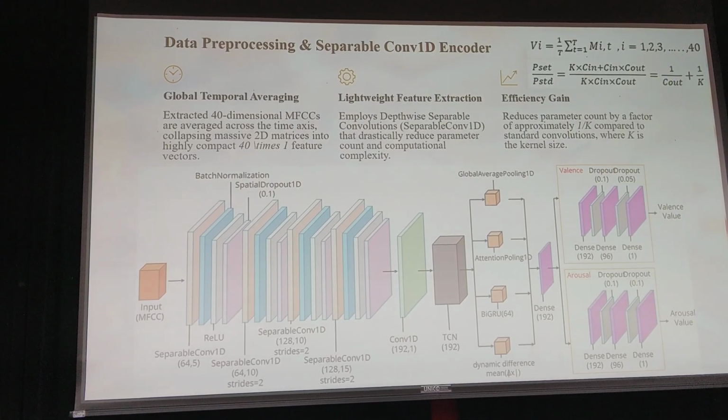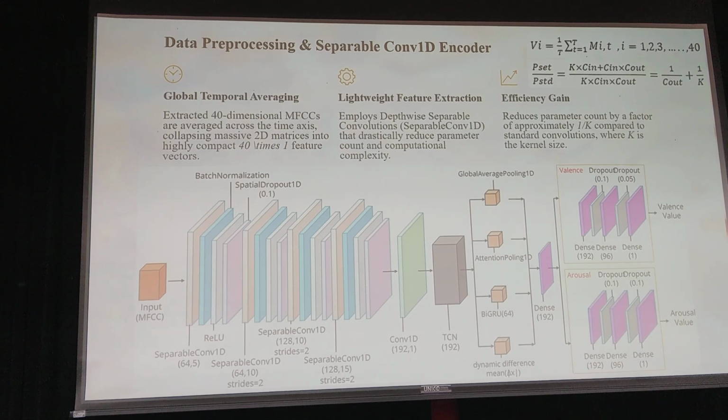Looking at the first equation on the slide, we average the coefficients across the entire time axis Xt. This compresses the 2D matrix into a compact 40 by 1 vector.